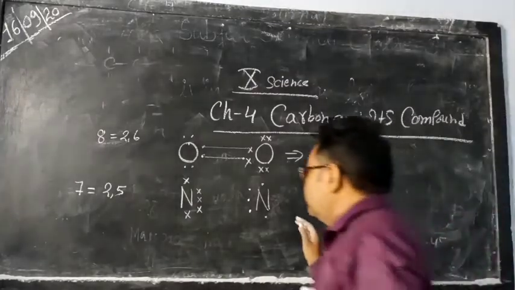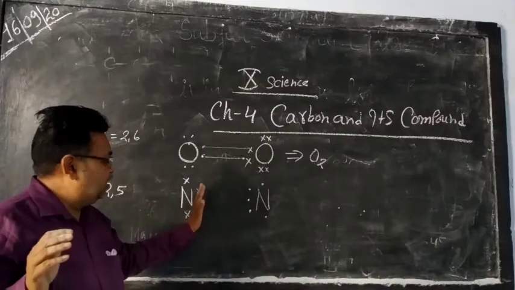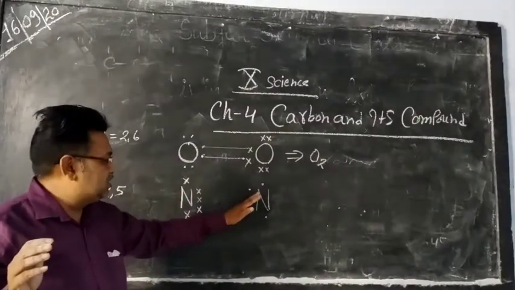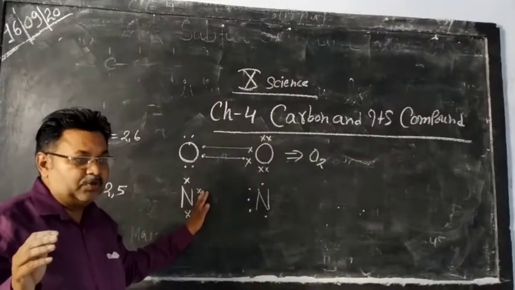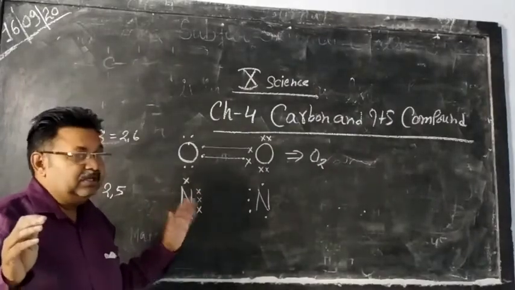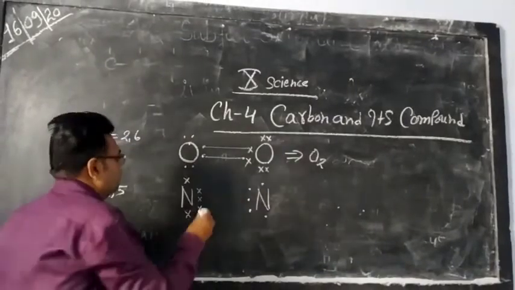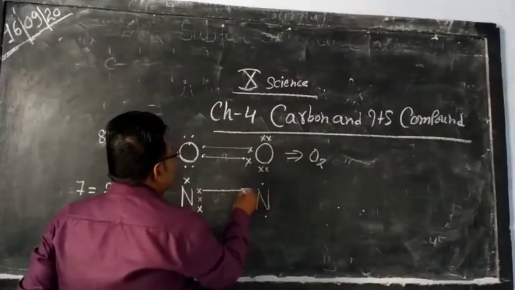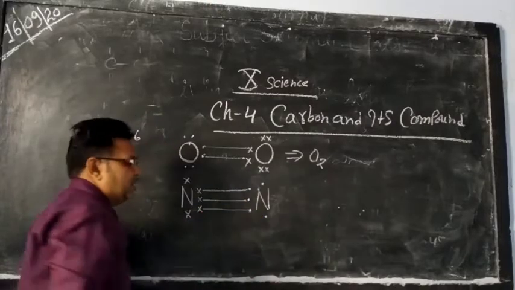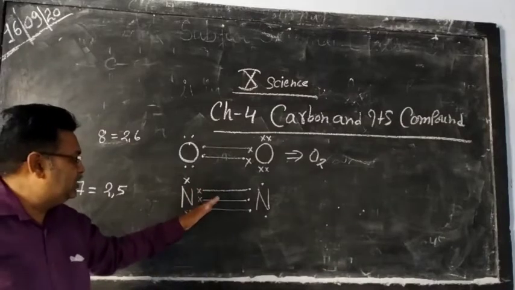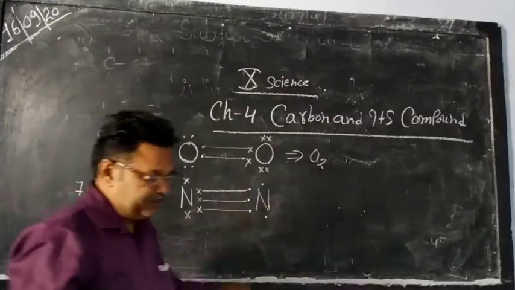Then what can it do? Here it has 3 electrons, but it cannot give its 3 electrons to the other nitrogen. Neither nitrogen gives 3 electrons to the other. So these 2 nitrogen atoms share electrons equally. So these 3 electrons, due to the equal sharing of electrons, form a covalent bond. So this is the example of triple covalent bond.